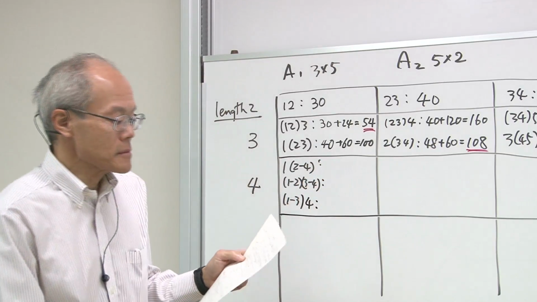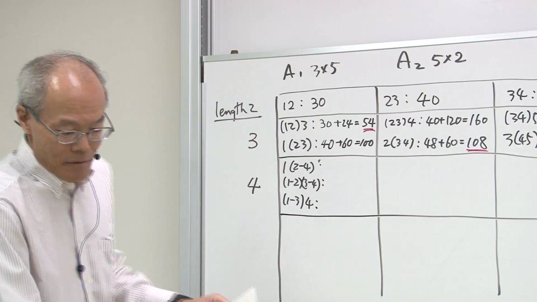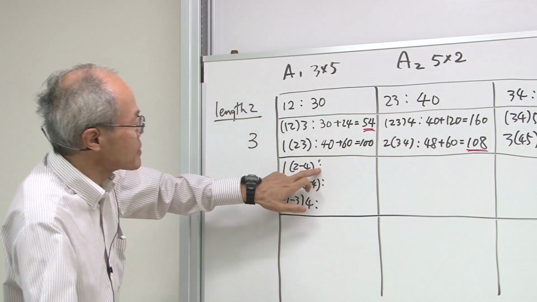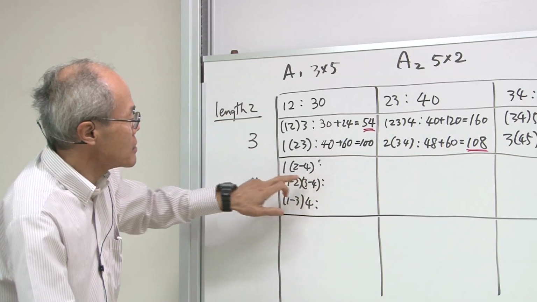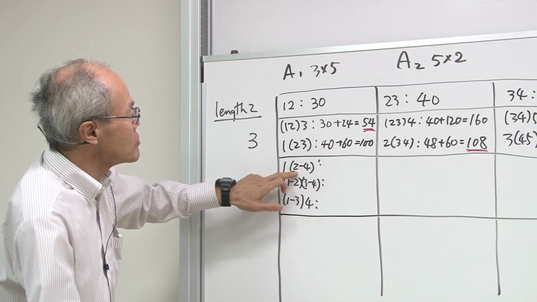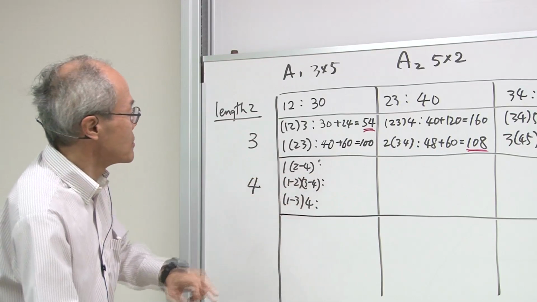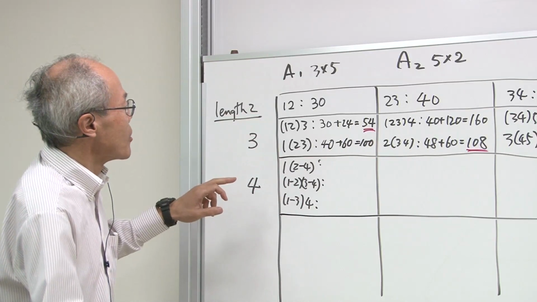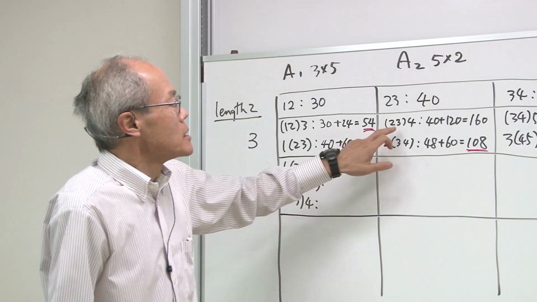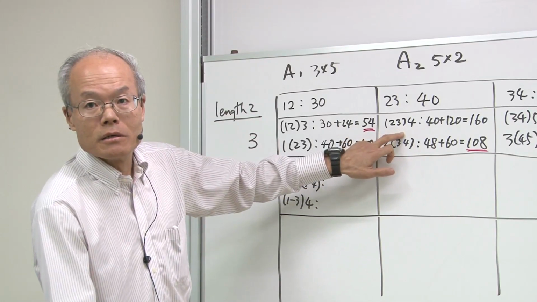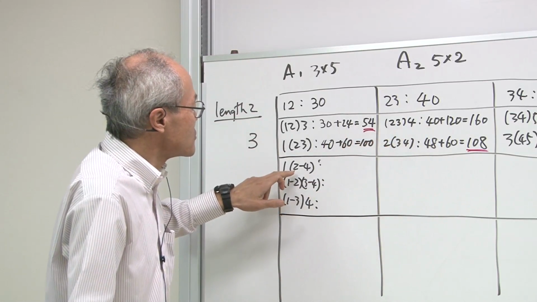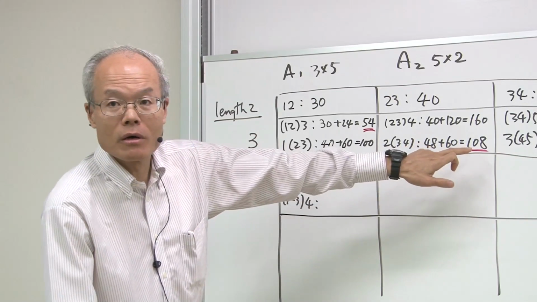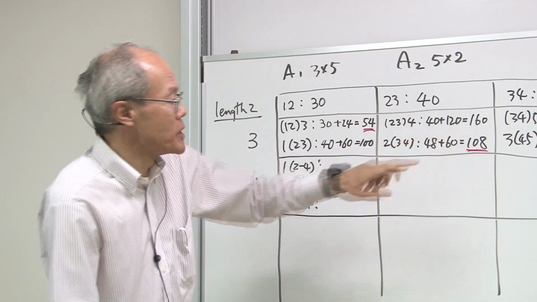Okay. Now, how can I get this answer? In order to multiply 2 to 4, we have the answer here. The best way is here. 108, this is a complexity.